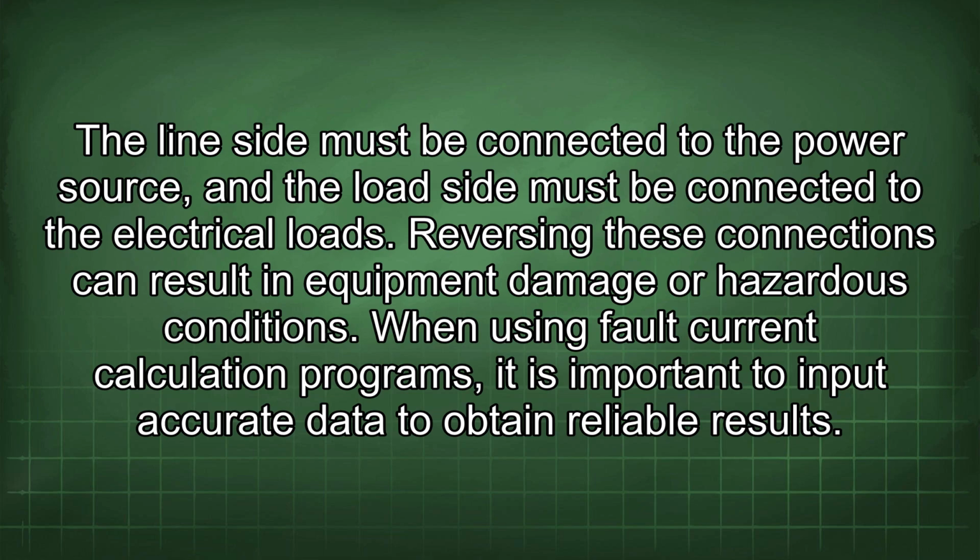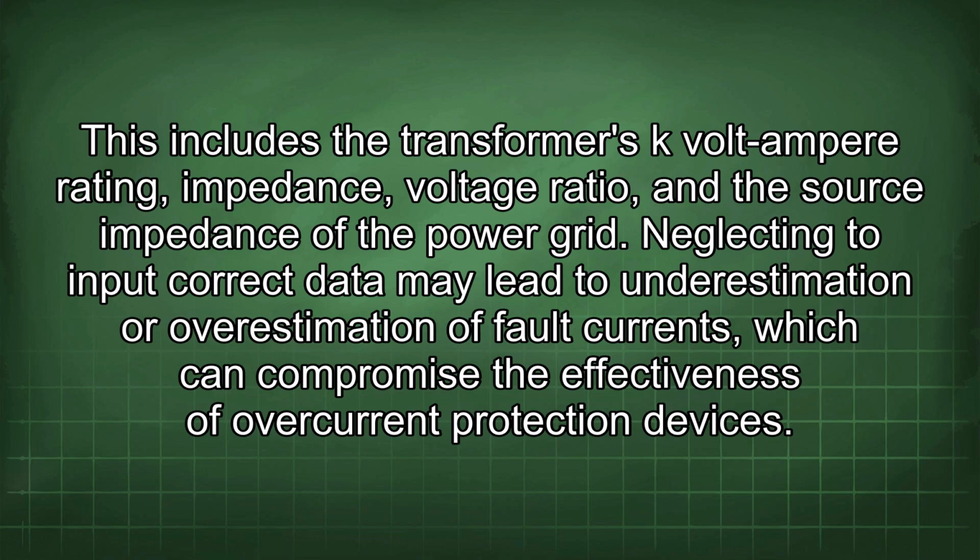When using fault current calculation programs, it is important to input accurate data to obtain reliable results. This includes the transformer's kVA rating, impedance voltage ratio, and the source impedance of the power grid. Neglecting to input correct data may lead to underestimation or overestimation of fault currents, which can compromise the effectiveness of overcurrent protection devices.